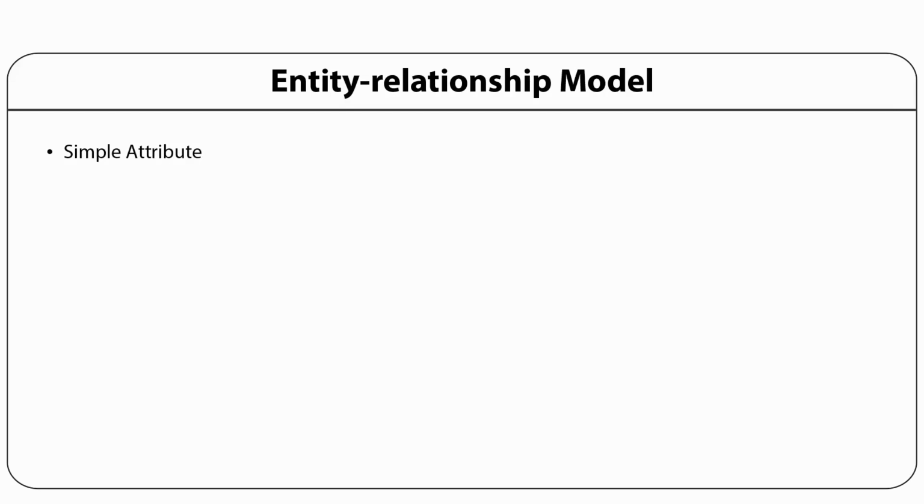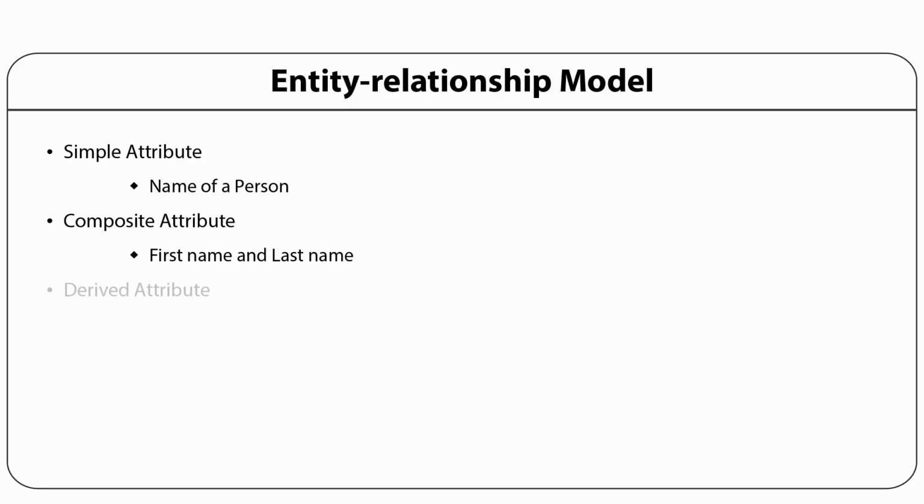We have a simple attribute, such as the name of a person. We have a composite attribute, such as first name and last name of a person. That means there are two values associated with the name of a person, first name and last name. If you take these two different fields in a composite form, it is known as a composite attribute.